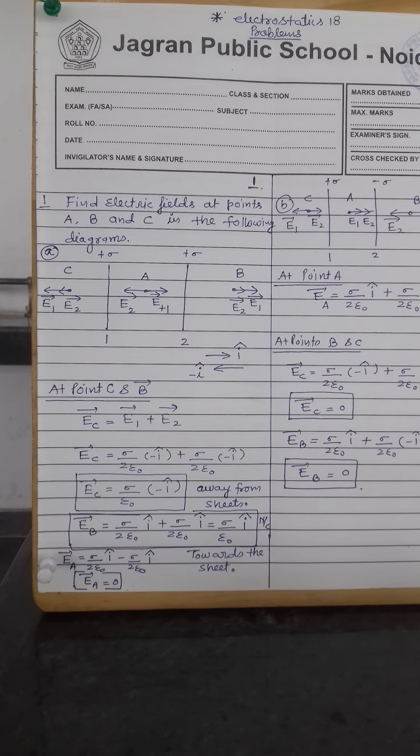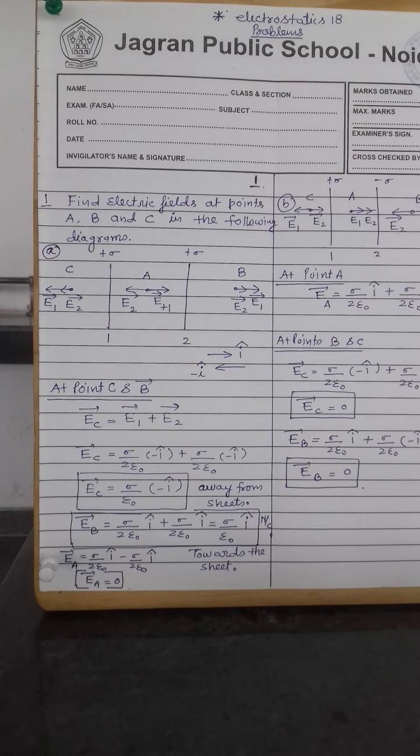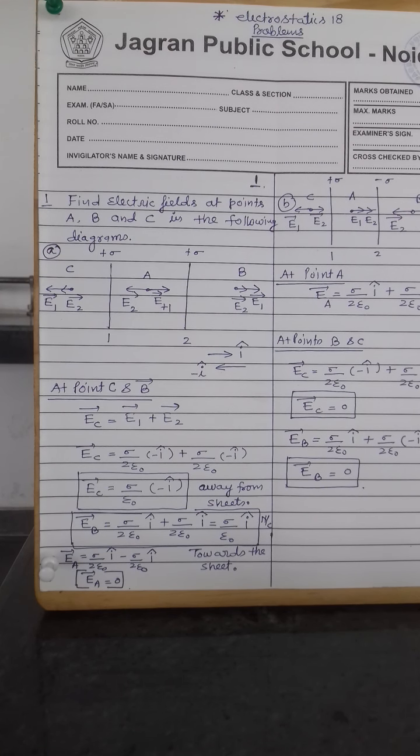Part A of the problem, you see you have two metallic plates having both positive charge densities, okay, and you have to calculate the electric fields at point A, B and C, right?